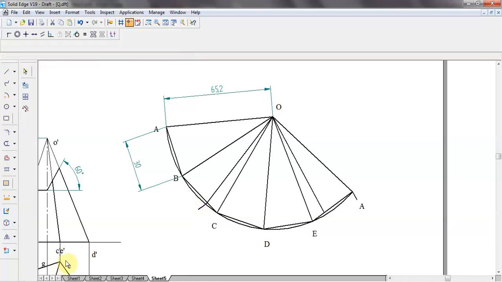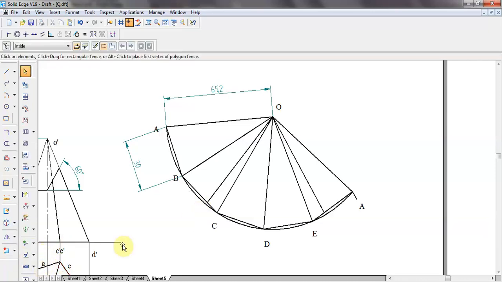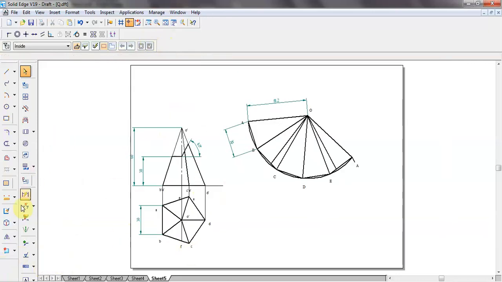So this is E and this is F, E and G, this is F and G.